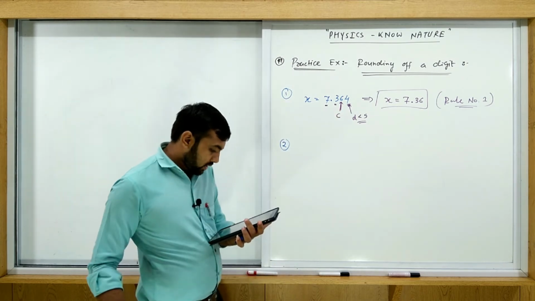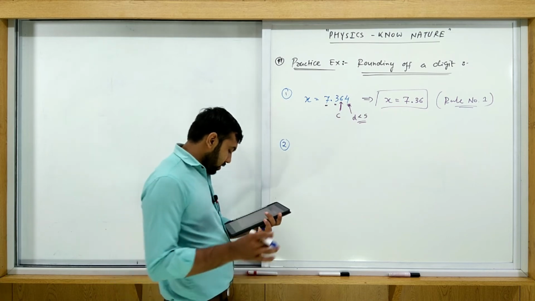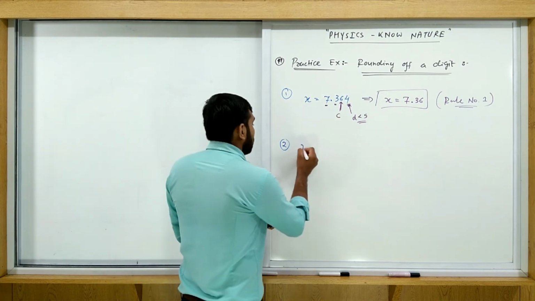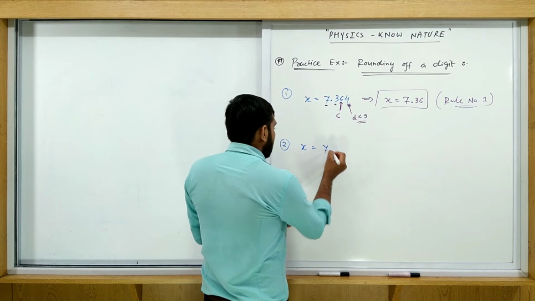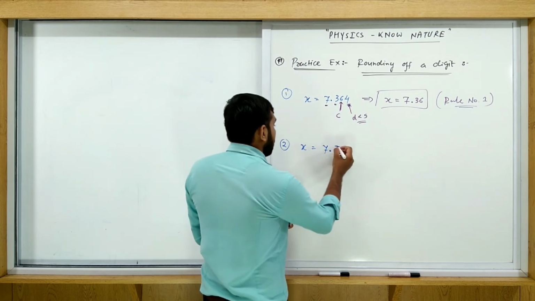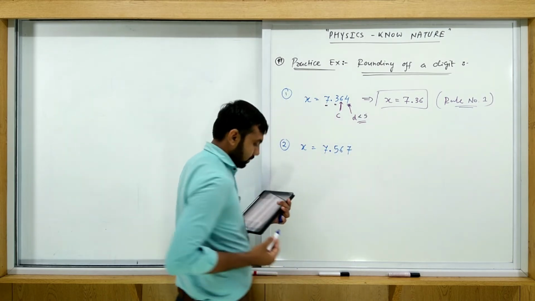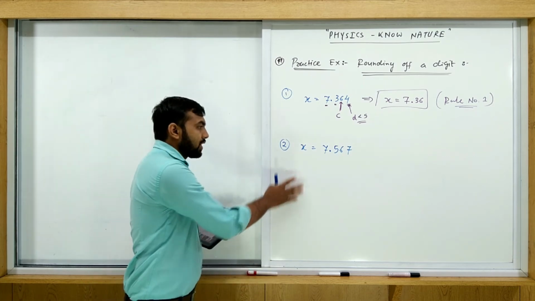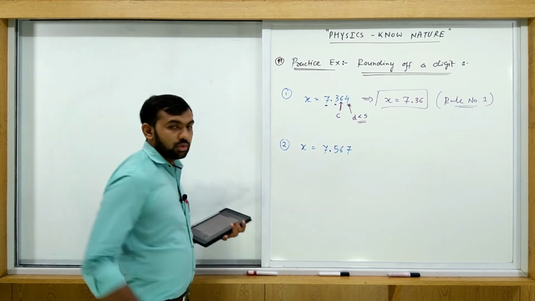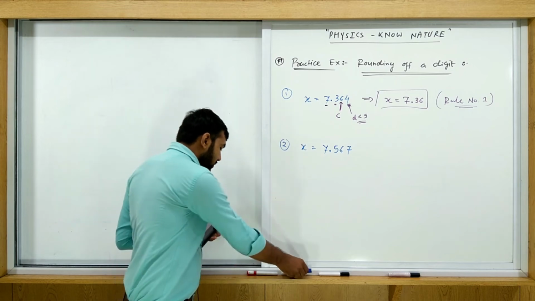Okay, second one: x is equal to 7.567. Pause your screen for 20 seconds and try to solve this example up to 3 significant digits. Time starts now.